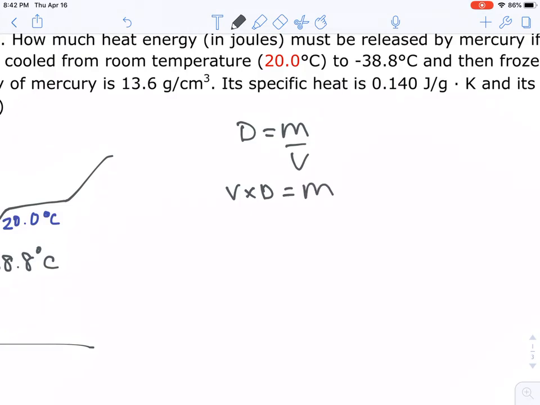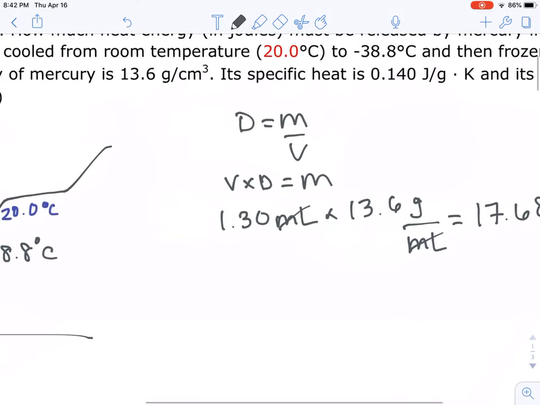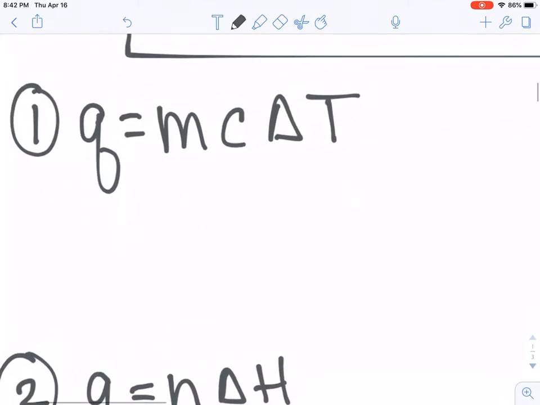So the volume I was given in my problem was 1.30 milliliters, and then the density of mercury is 13.6 grams per centimeter cubed, which hopefully you remember, 1 centimeter cubed is 1 milliliter. So I did that and I got an answer of 17.68 grams.